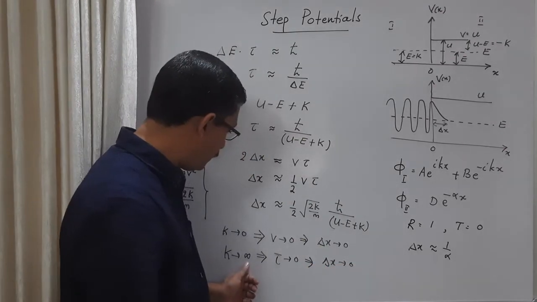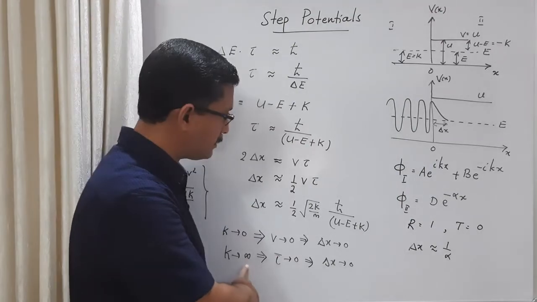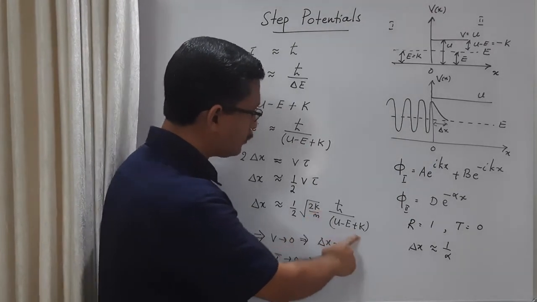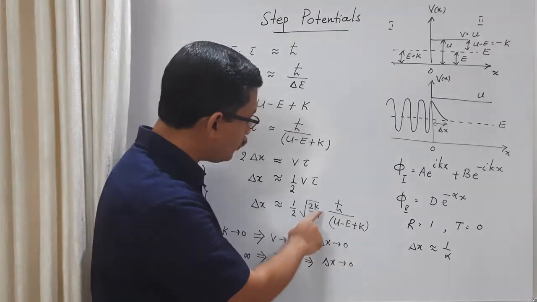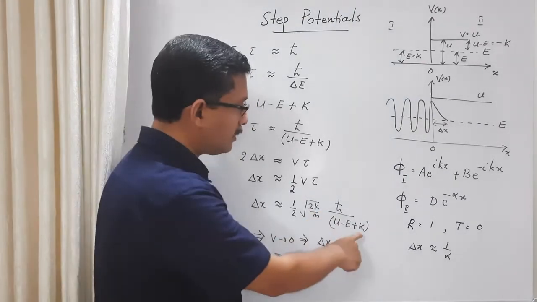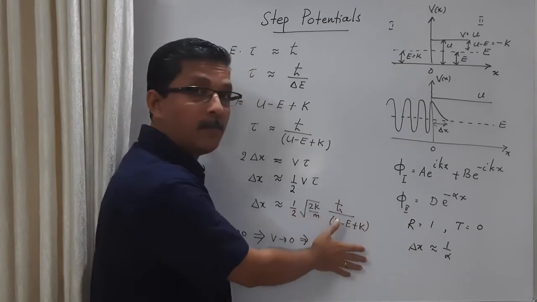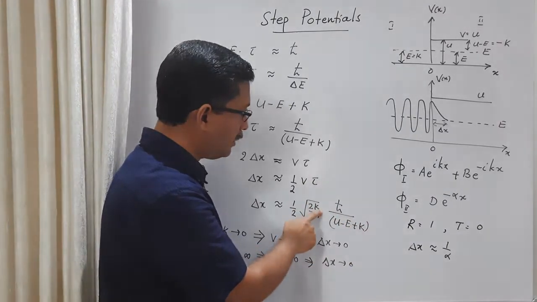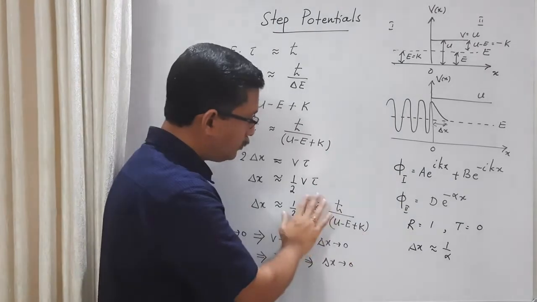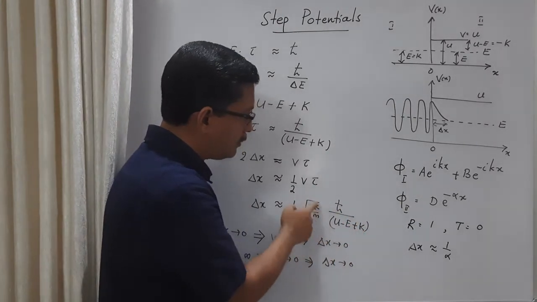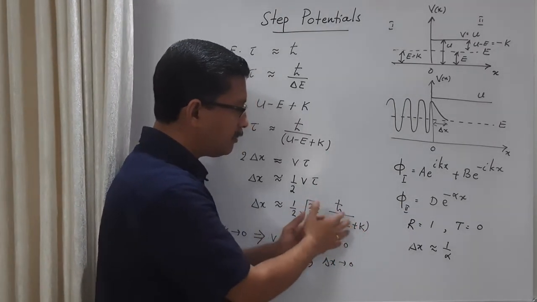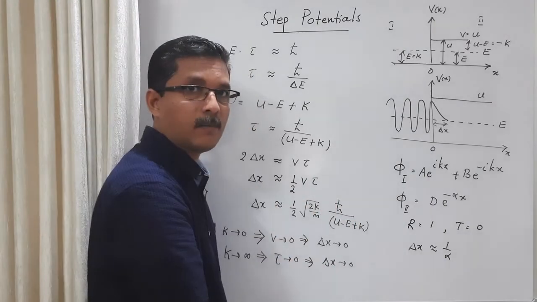See, one more point regarding this k tends to infinity case is, you have k here in the numerator, you have k here in the denominator. But in the numerator it is root k, in the denominator it is k. So we can say that overall this delta x is proportional to 1 by root k. The root k and k cancel, so overall the behavior is proportional to 1 by root k.